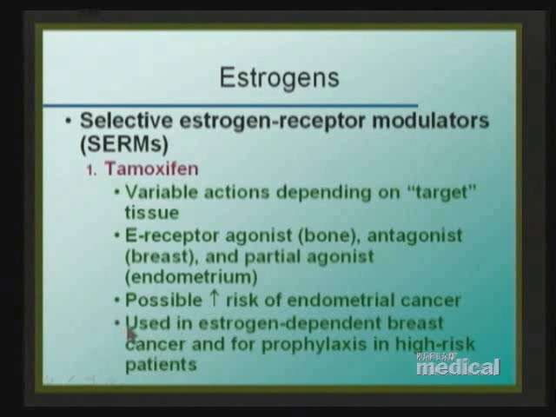But the benefits of using tamoxifen in estrogen-dependent breast neoplasias are such that, of course, the risk will be incurred, since it can be used even for prophylaxis in high-risk patients. When you think of it in management of cancers, hormonal treatments are much better tolerated than any of the anti-neoplastic medications.